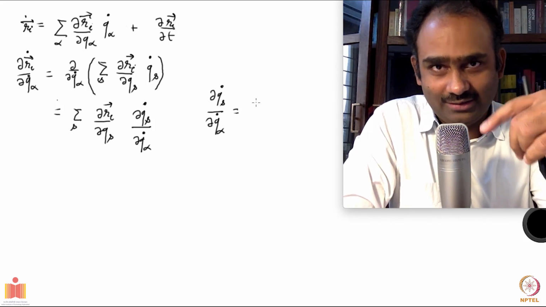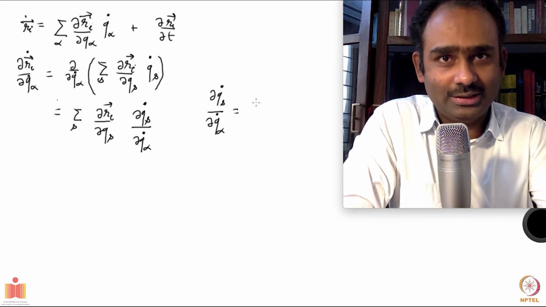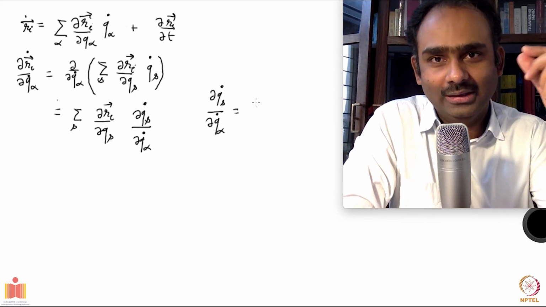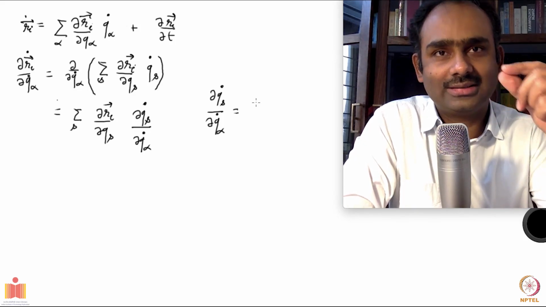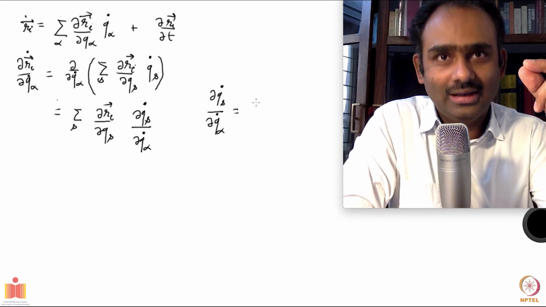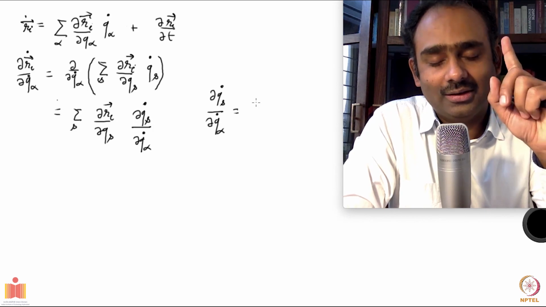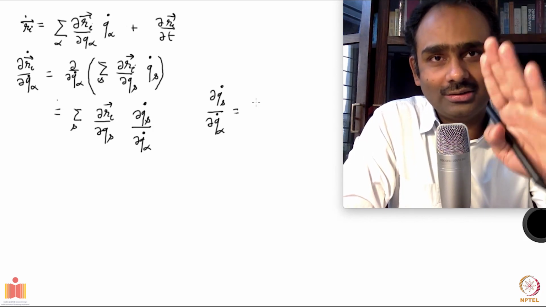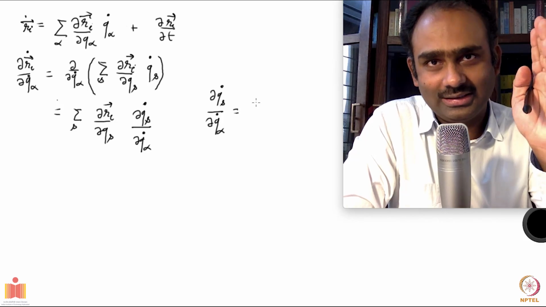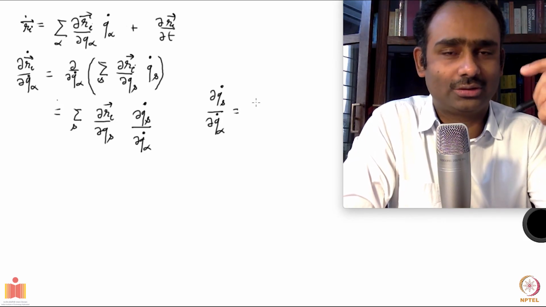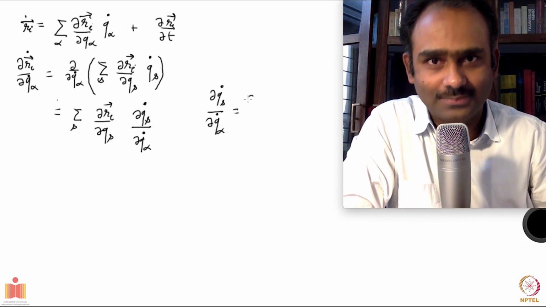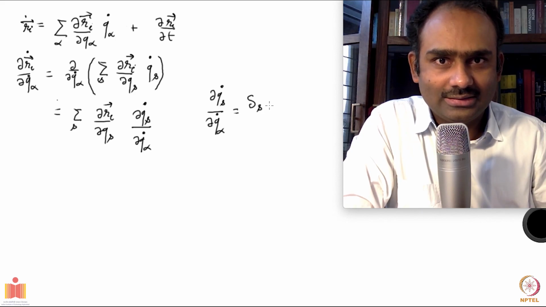And when S and alpha are different, the answer is 0, because these are independent variables. Clearly, unless S and alpha are the same, the answer is 0, and if they are the same, the answer is 1. And that's what a Kronecker delta is. So this thing is delta S alpha.